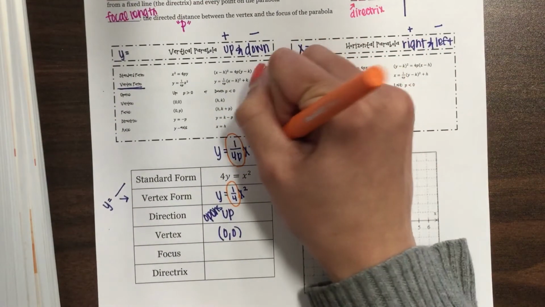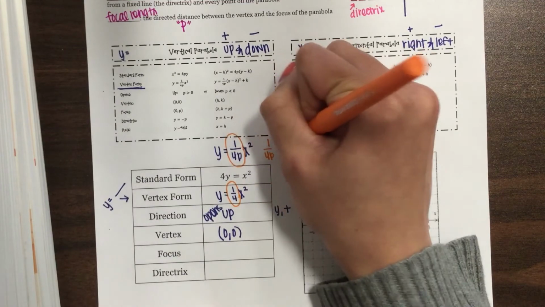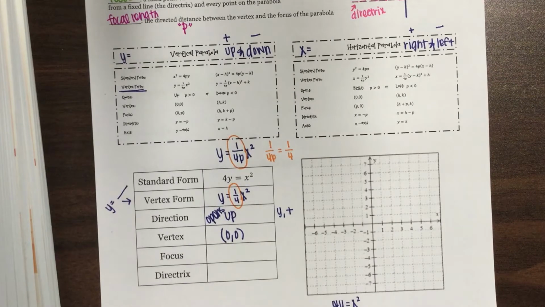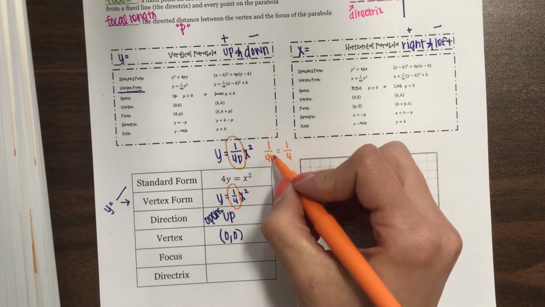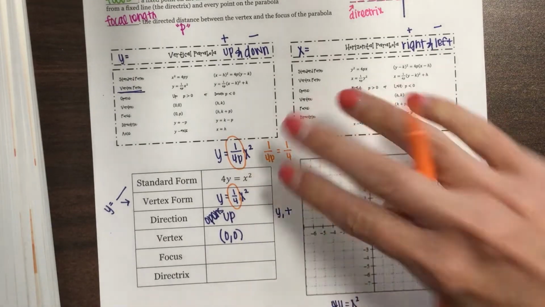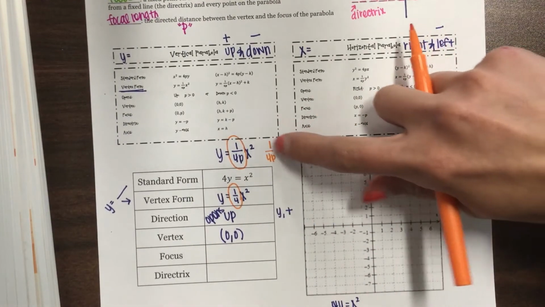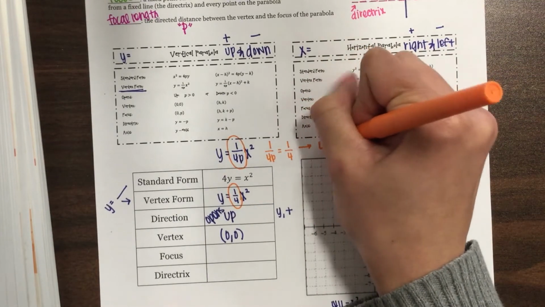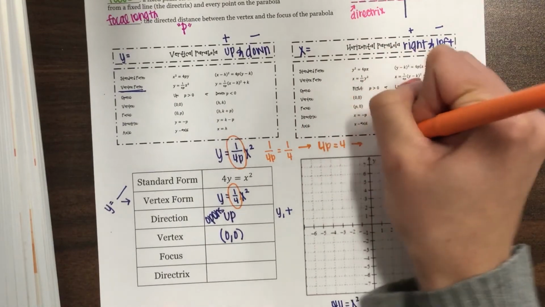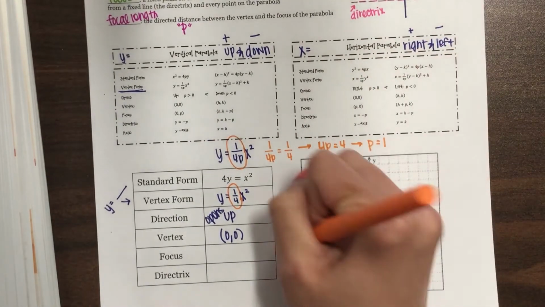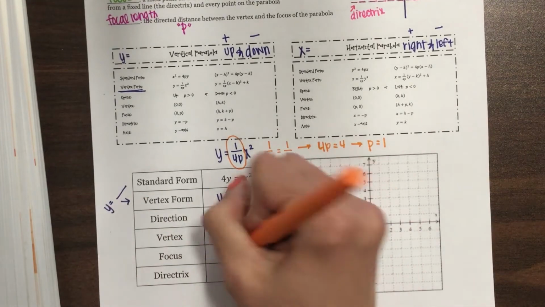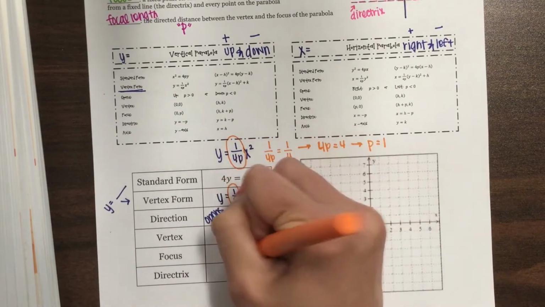So this is going to be 1/4p equals 1/4. Another way to do this, see how these are both ones on top? Then I can just flip both fractions. So this becomes 4p equals 4, so p equals 1. And we're working with y graphs, so my focus is going to be at 0, 1.